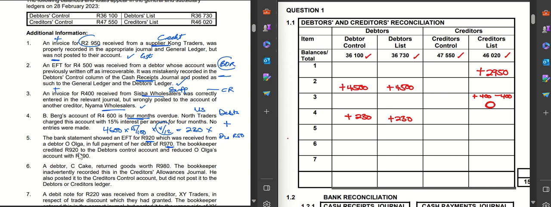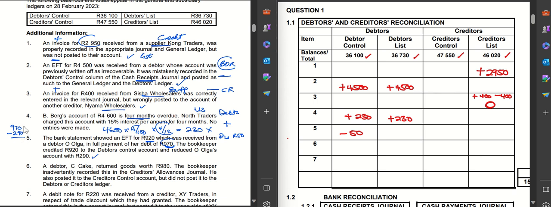The bookkeeper credited 920 to the debtor's control account. So the bookkeeper in the debtor's control only recorded 920 and did not record the discount. So we should go and record the discount. We come here, we say minus 50. That's discount. Discount decreases what the debtor owes us. And it reduced August's account by 290, yet it was supposed to be reduced by 970. 970 is what this guy was owing us, but we only reduced it by 290.